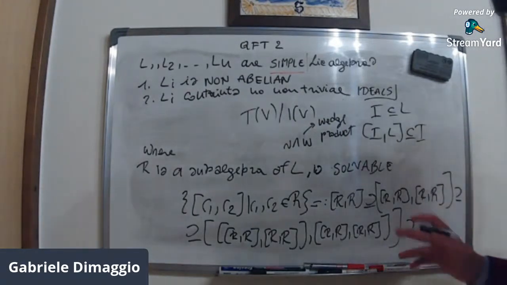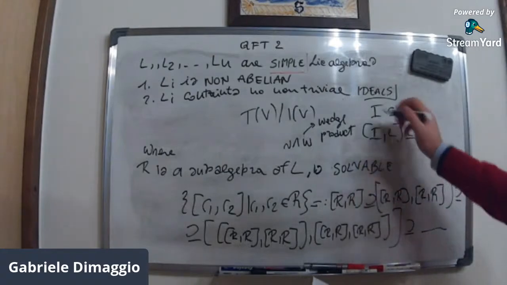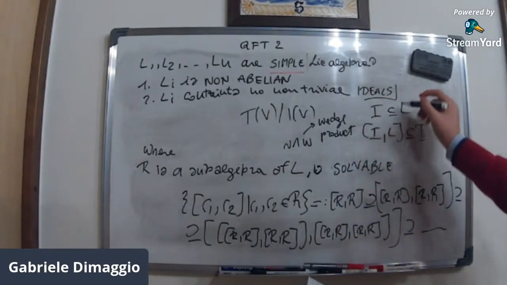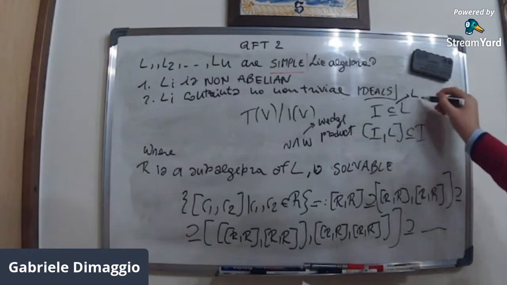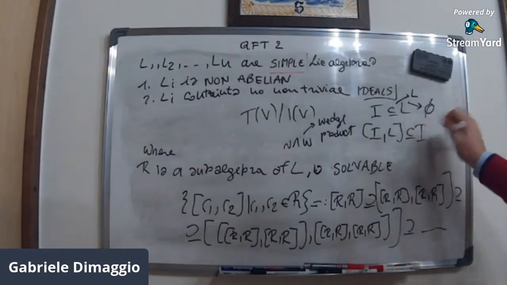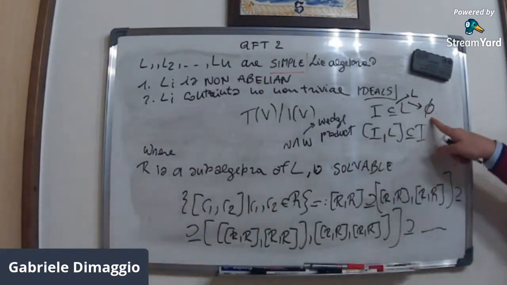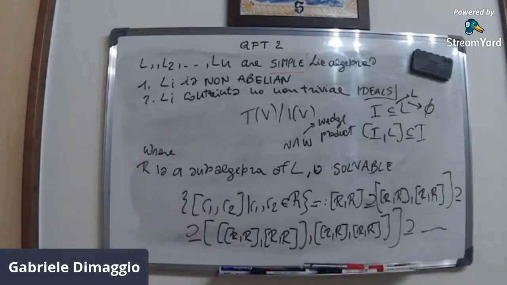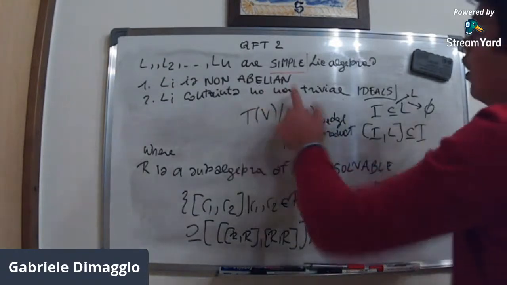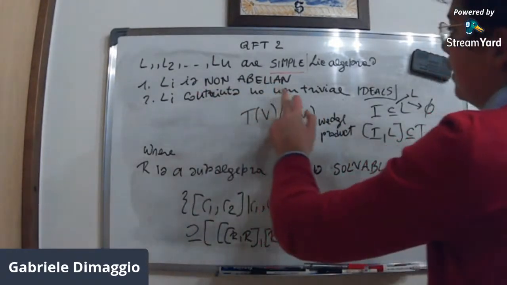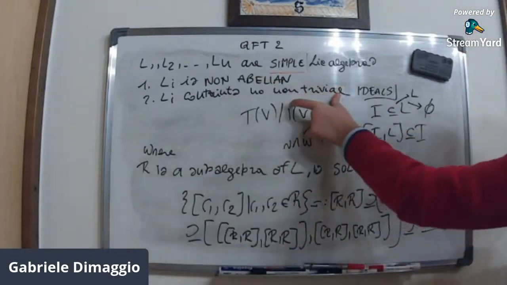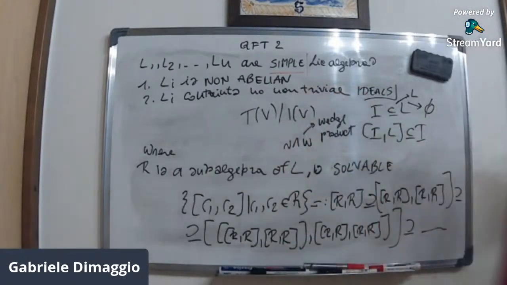This means that such an ideal I, for example, can be either L or the famous zero set, the empty set.